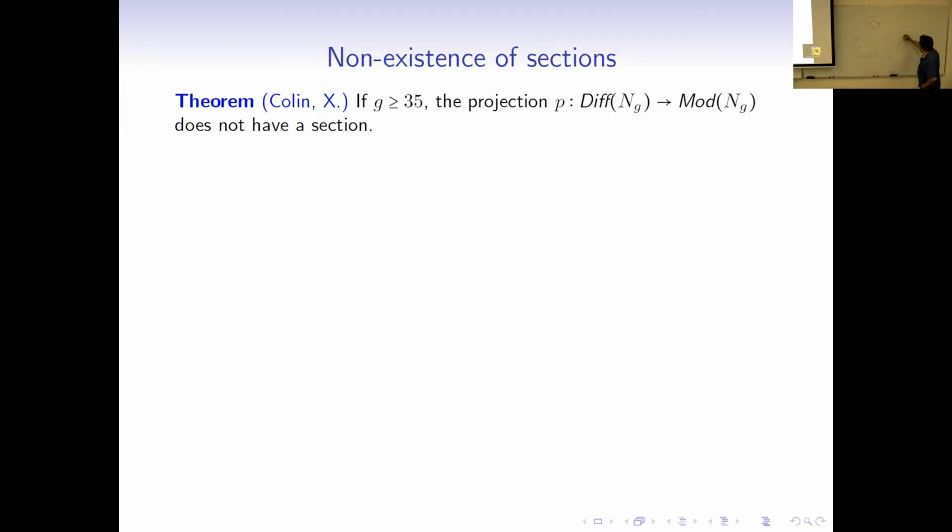And it's a result of Morita that there is no such section for g greater or equal than 5. In the non-orientable case, take g equal to 2, so you're thinking of the Klein bottle. In this case, this group is C2 cross C2, so it's finite, and you definitely have a section.